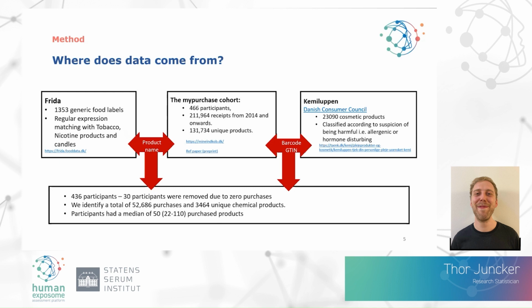We match these two on the barcode, and we match these two on product name. When we do that, we end up with 436 participants, but 30 were not included since they didn't have any data. And we identified more than 50,000 purchases and 3,500 unique chemical products.